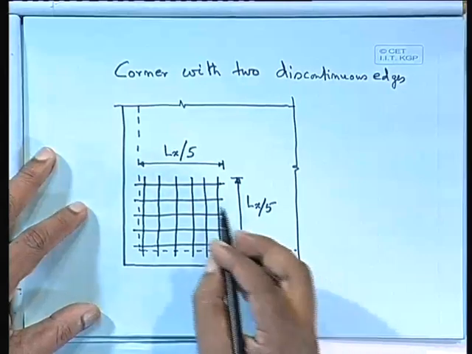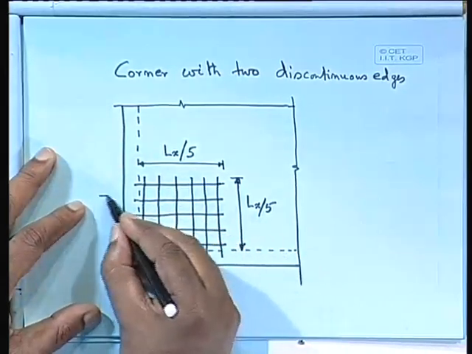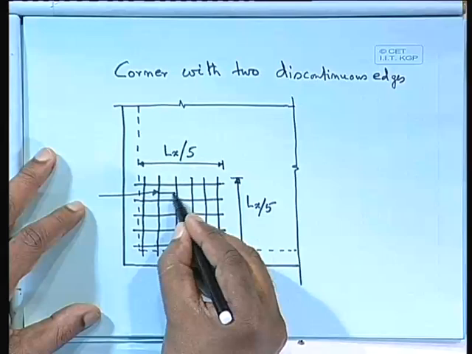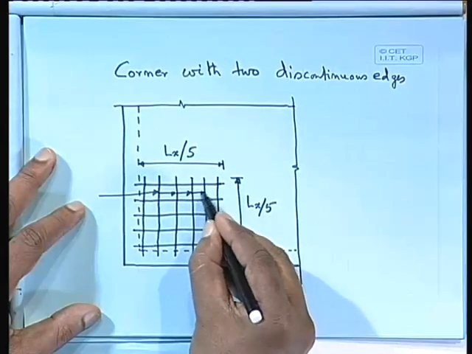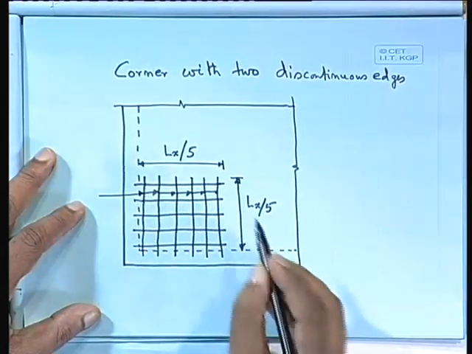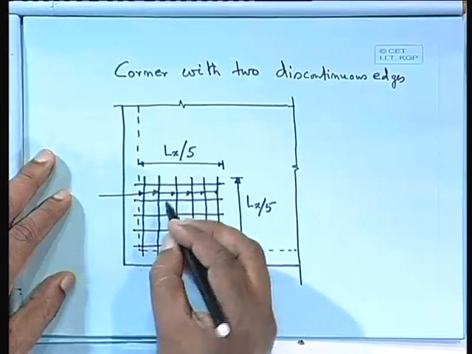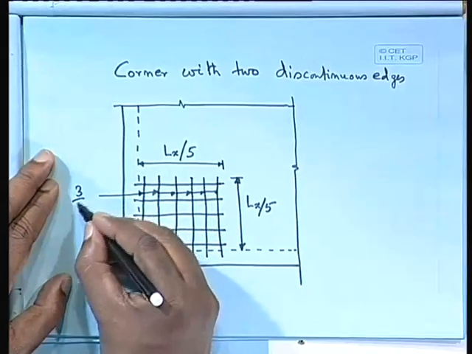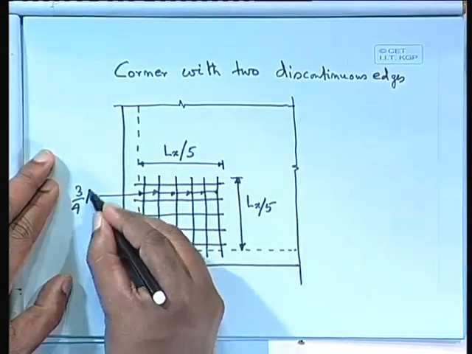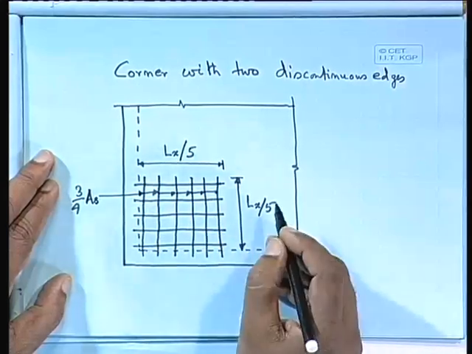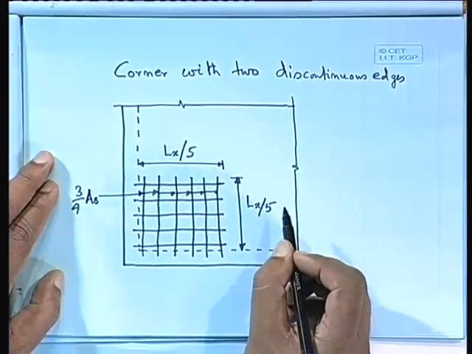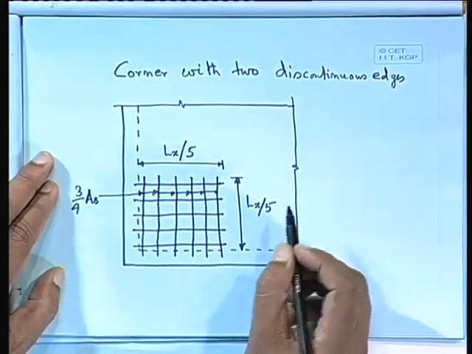What about the reinforcement? The reinforcement we are providing here, this reinforcement comes as 3/4 of the area of steel in the shorter span, whatever area of steel you are getting due to the shorter span moment.